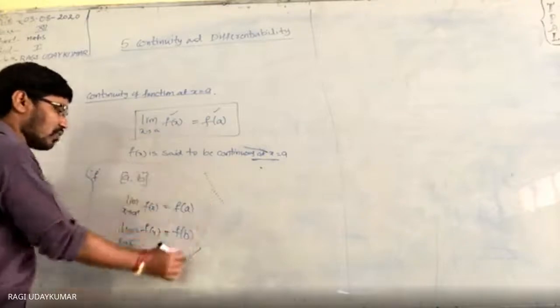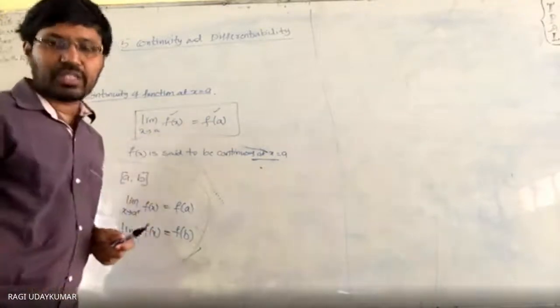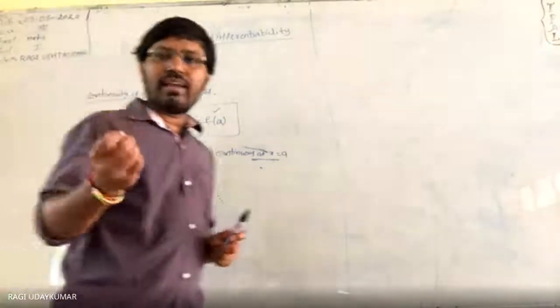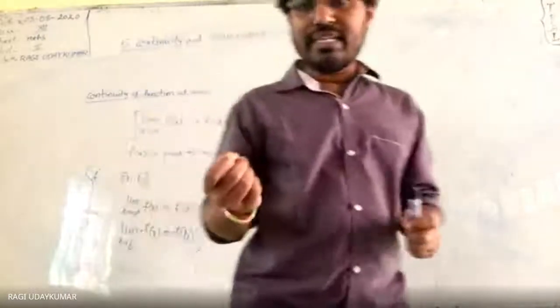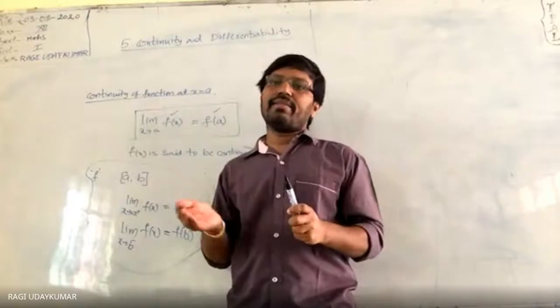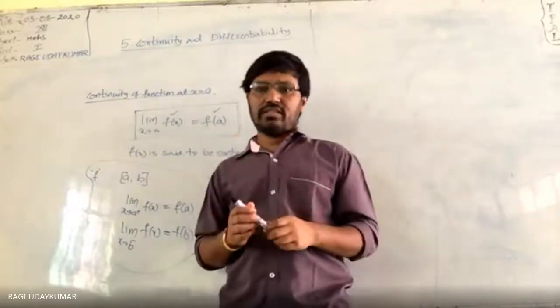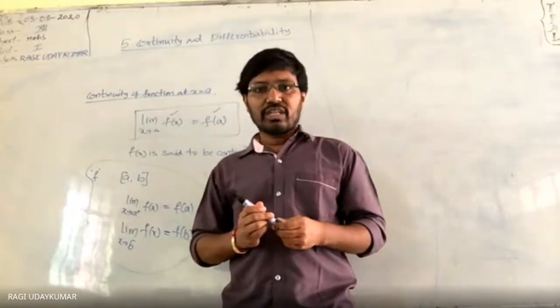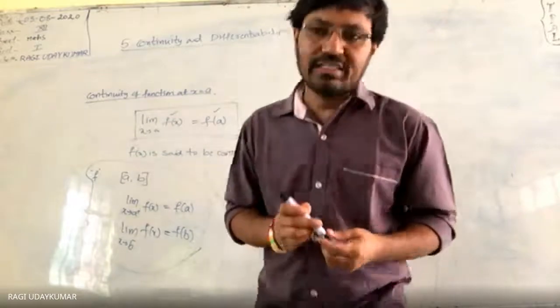Then this function is called a continuous function. So in the given interval, if at every point it is continuous, then you can say that function is a continuous function.